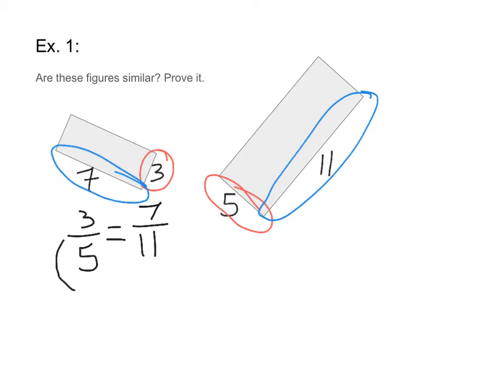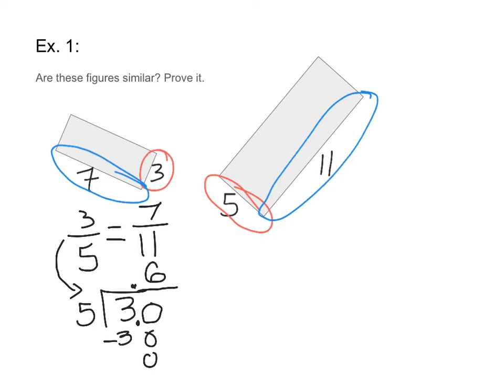I'm going to see what this ratio is equivalent to if we divide numerator by denominator. So I'll do 3 divided by 5. 3 doesn't go into 5, so I'll add a decimal. 3 does go into 30 exactly 6 times. Okay, so this ratio is equivalent to 0.6.